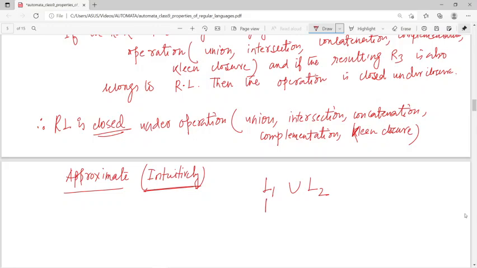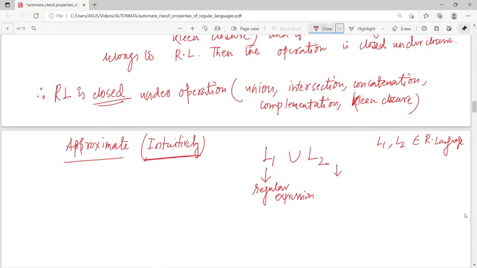If L1 is a regular language, we will get a regular expression for it. Both L1 and L2 are regular languages, so we get regular expressions for both.